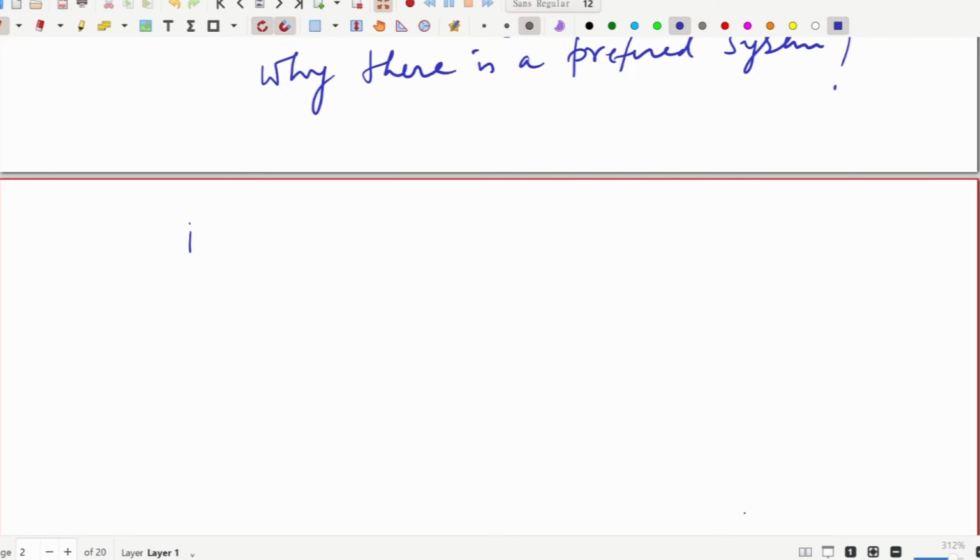So an inertial frame is at rest with respect to another frame.